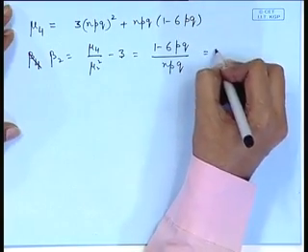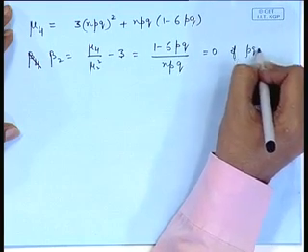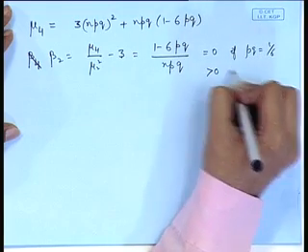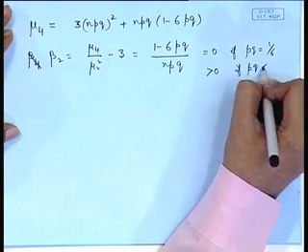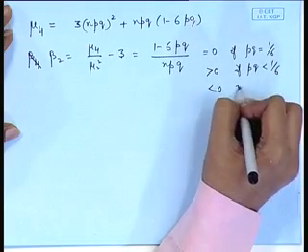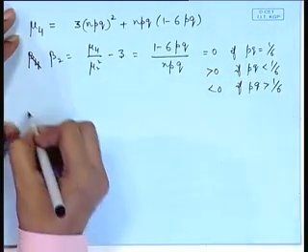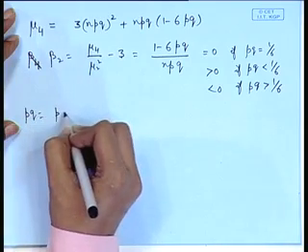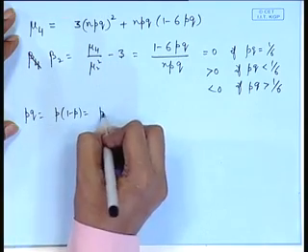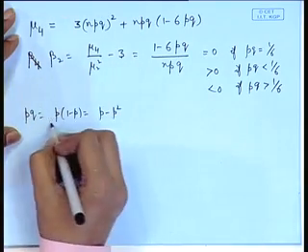So obviously this is equal to 0 if p q is equal to 1 by 6, it is greater than 0 if p q is less than 1 by 6, it is less than 0 if p q is greater than 1 by 6. Now this p into q term is actually p into 1 minus p, that is p minus p square.